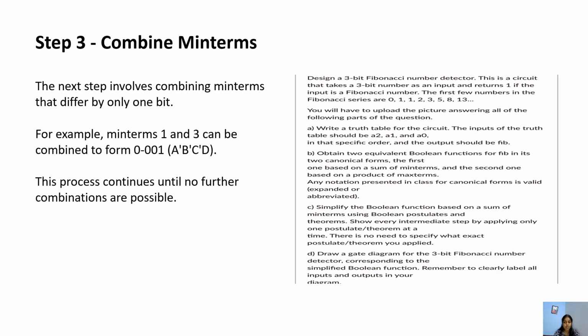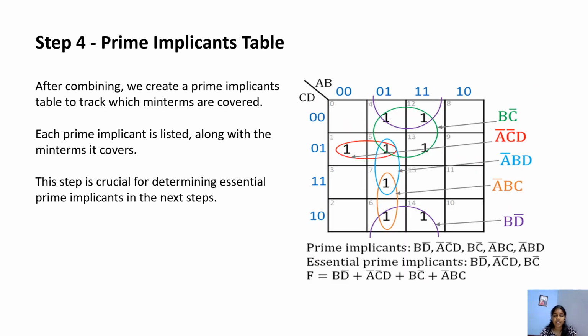And the next step is constructing the prime implicants table. After combining, we create a prime implicant table to track which minterms are covered. Each prime implicant is listed along with the minterms it covers. This step is crucial for determining essential prime implicants in the next step.